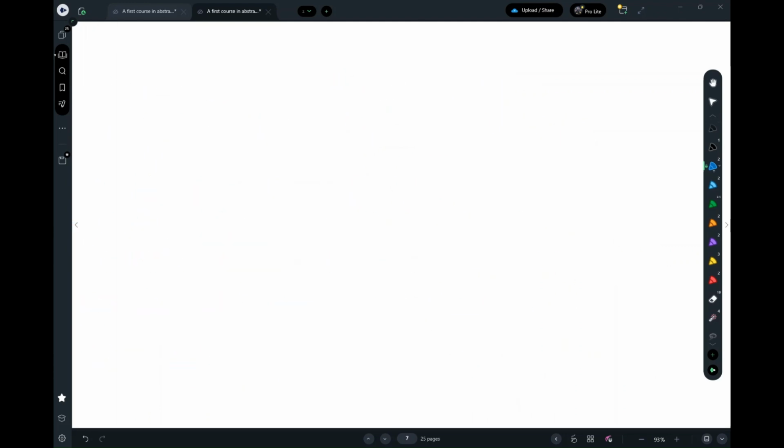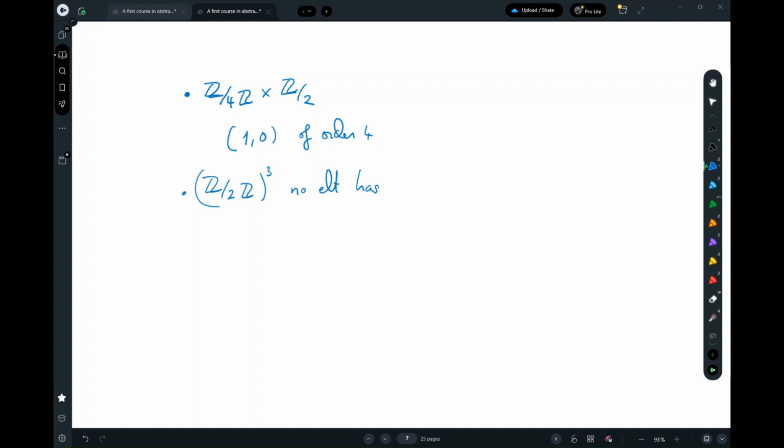But also, I know that in Z modulo 4 cross Z modulo 2 there is an element, for example, (1, 0), of order 4, but in Z modulo 2 cubed, no element has order 4.